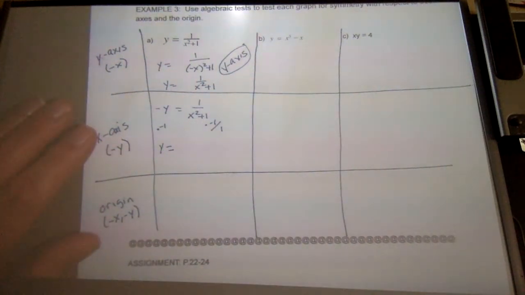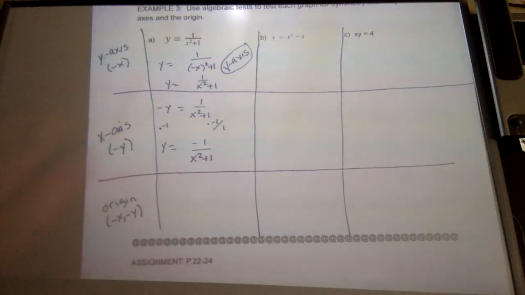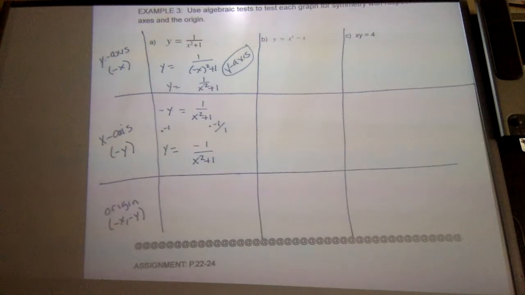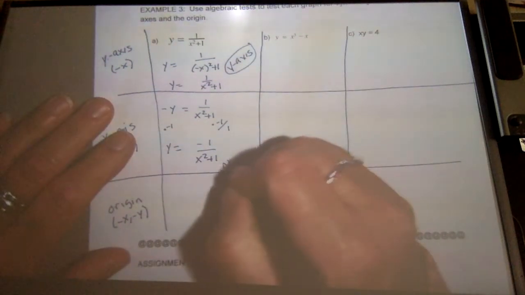When you multiply by negative 1 and you're dealing with fractions, you only multiply either the top or the bottom by a negative, not both. I'm going to multiply the top by negative, leave the bottom one alone. If you multiply top and bottom, it's like multiplying by a positive 1. Is this the same as the original? No. So we have no symmetry here.